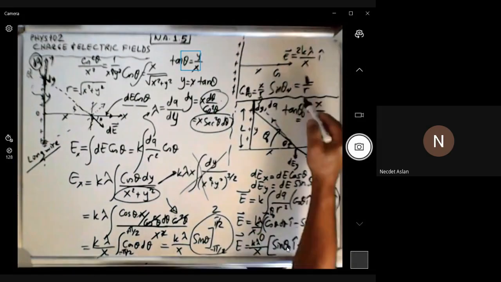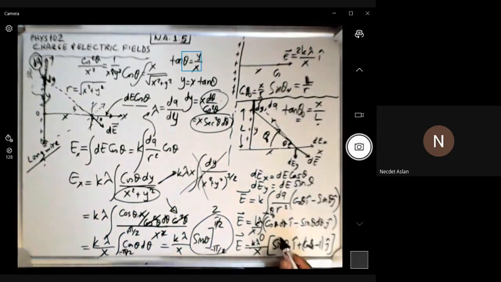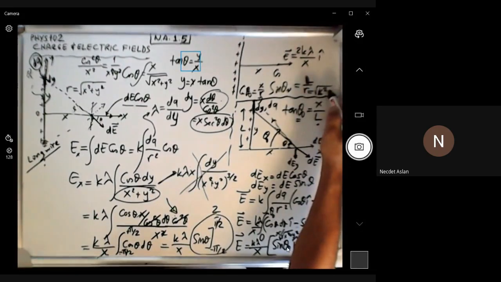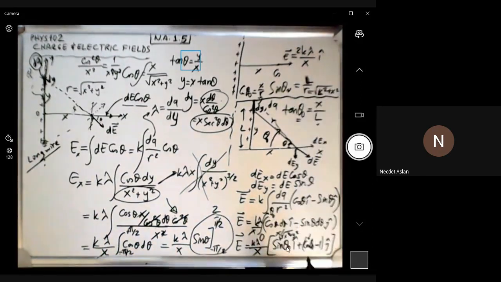So you can insert L over r for sine theta 0 here, and then x over r for cosine theta 0. As you see, it is a function of x and L. Why? Because sine theta 0 is L over the square root of L squared plus x squared, and r is the square root of L squared plus x squared.